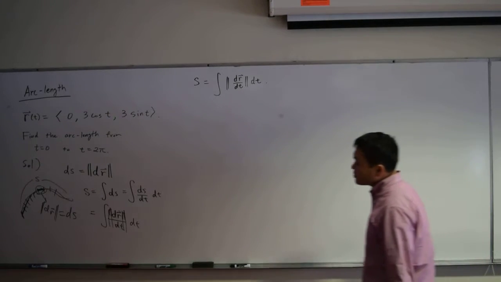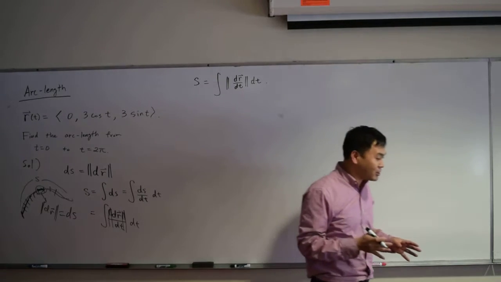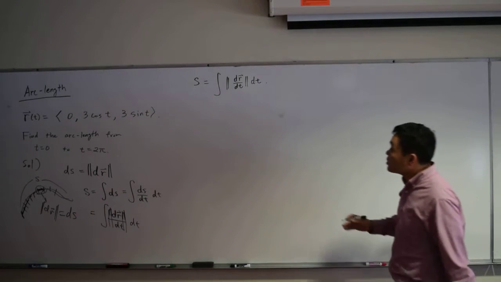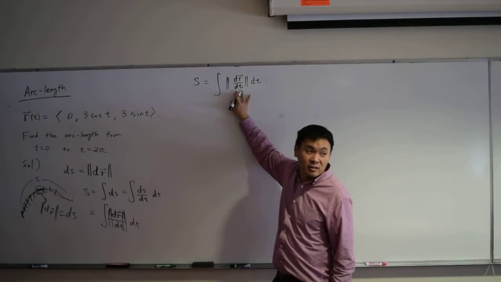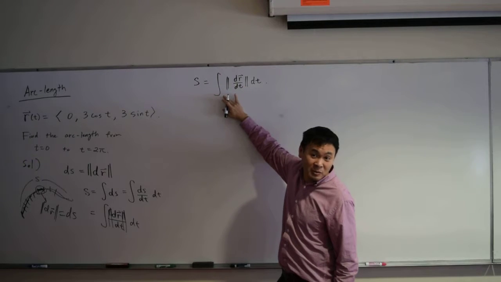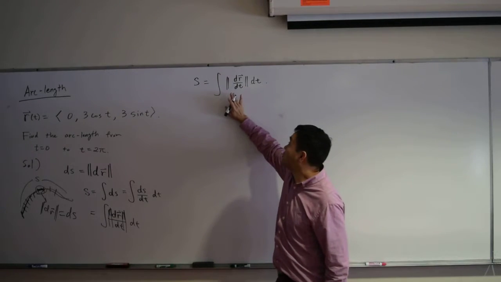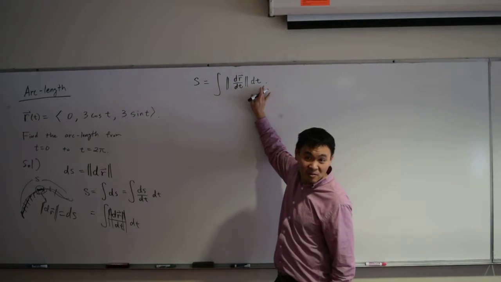Now, even if you didn't really understand what was going on here, you can still make another physical argument out of this. What is dr dt? Velocity, right? If you take the norm of the velocity, what do you get? Speed. And if you do speed times time, what do you get? Distance traveled.